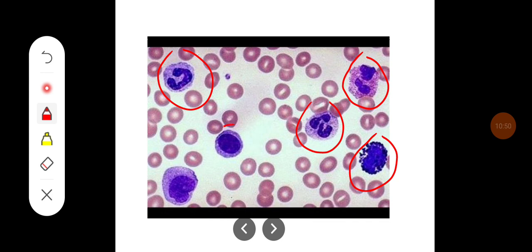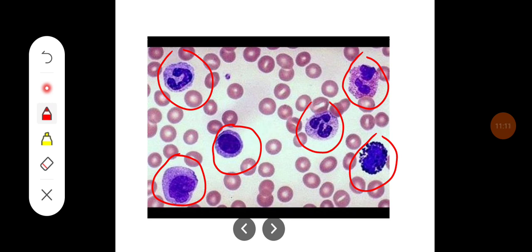So this is a large lymphocyte, okay, where the nucleus is very uniformly stained, and this is the monocyte where the nucleus is inhomogeneous, and almost there is a 50% cytoplasm and nuclear ratio.